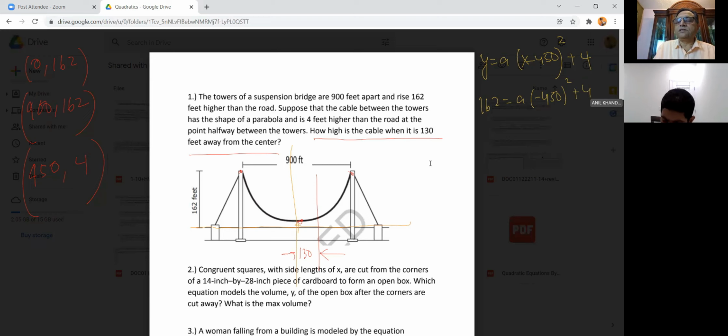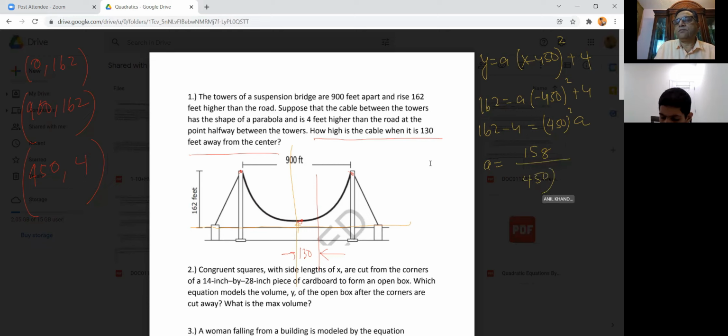Bringing 4 to this side, I get 162 minus 4 equals a times 450 square. So a value is 162 minus 4, which is 158, divided by 450 square.